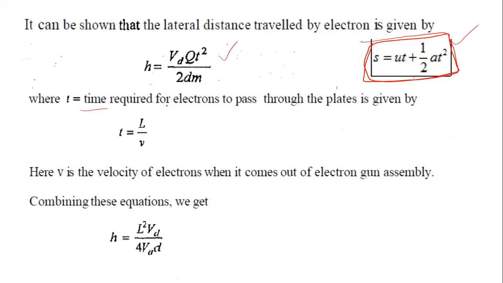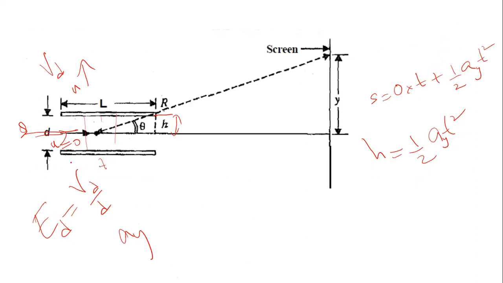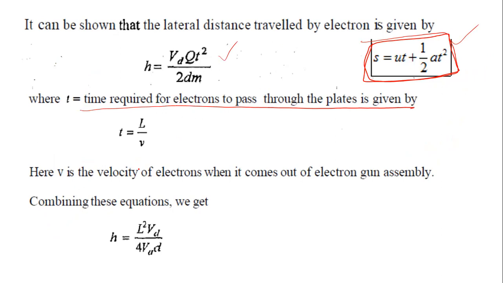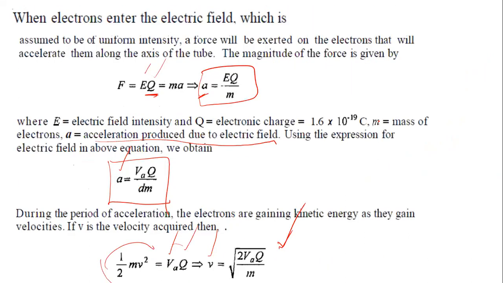Here, t is the time required for electrons to pass through the deflection plates. So the time spent by an electron to pass through this deflection plate is denoted as t. And we already know that the horizontal velocity, or the velocity along the x-axis, is v, which is the velocity gained through this accelerating anode. So due to this velocity, it will travel in this direction.